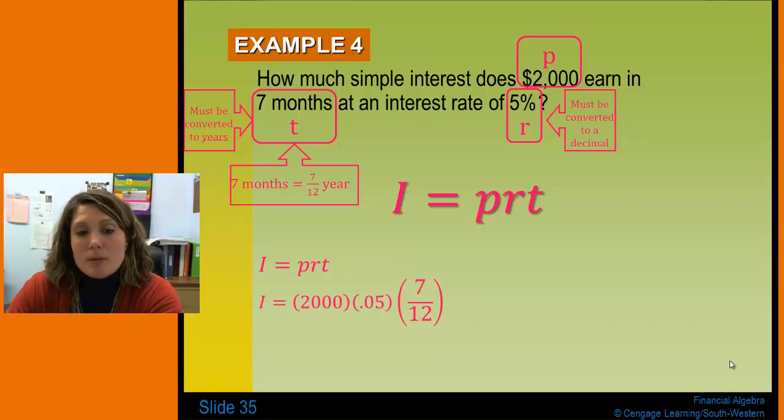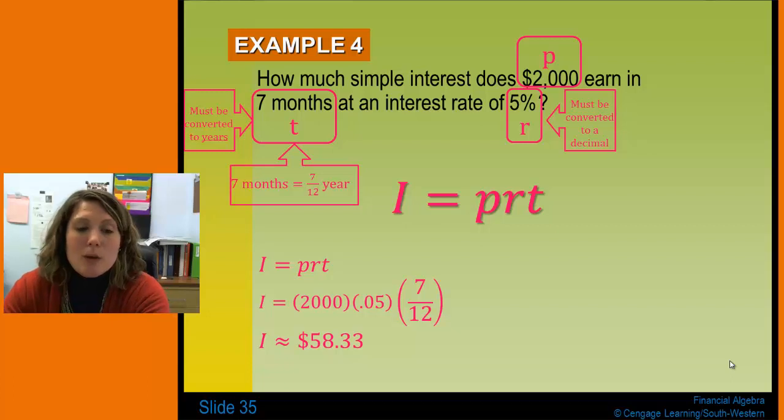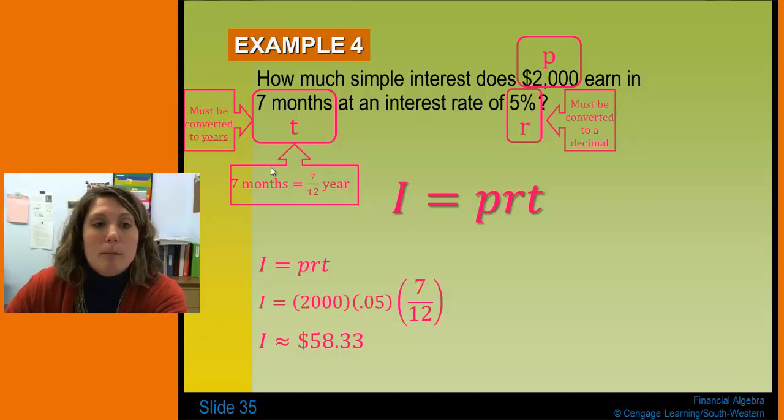So my principal of 2,000 times 5%, which is 0.05, times 7 over 12. Do your multiplication, and you come up, when you round this, with approximately $58.33. So again, here we must do a conversion for months. Time is always in years. So if they're talking months, you're going to take the month that they give you, divide that by 12.